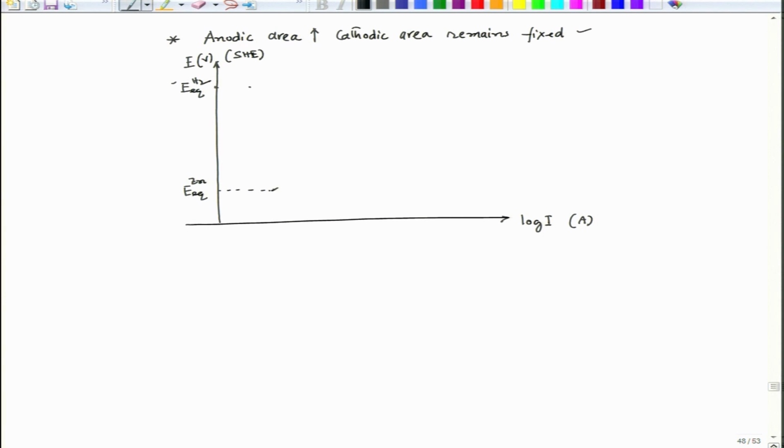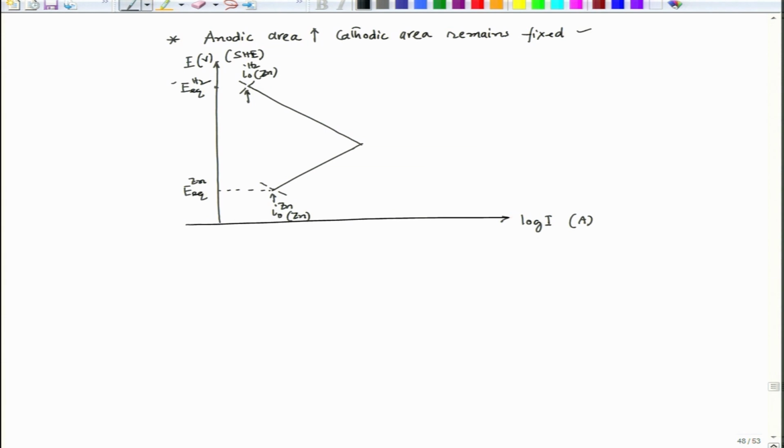When we consider mixed potential theory, this point is I0 of zinc, and this point is I0 of hydrogen over zinc.